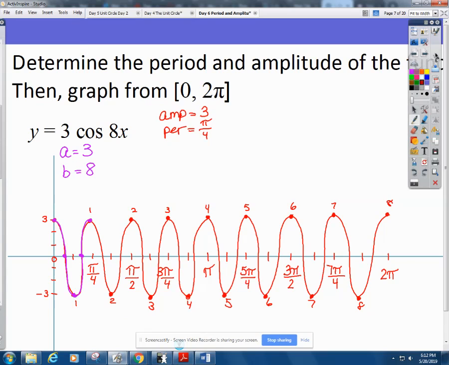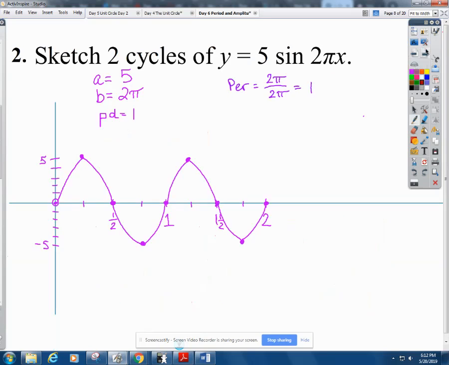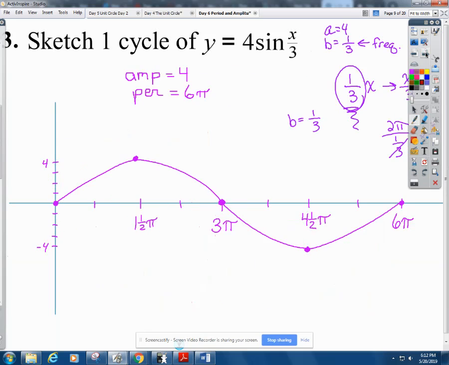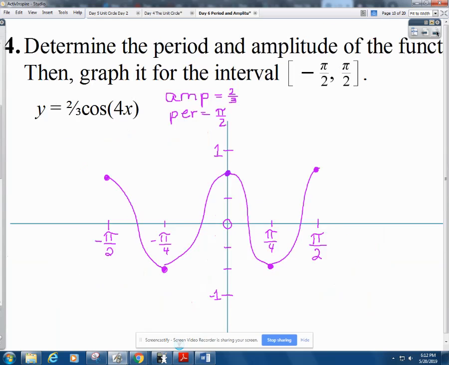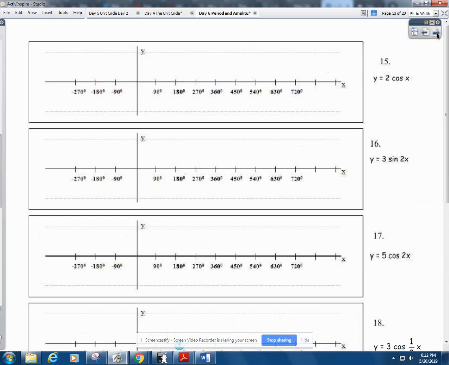And if you need any help, let me know. This is number 2, number 3, and number 4. And if you want, you can come back and take a look at the answers to the homework from home.